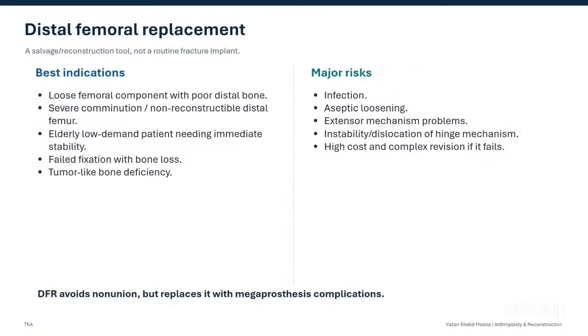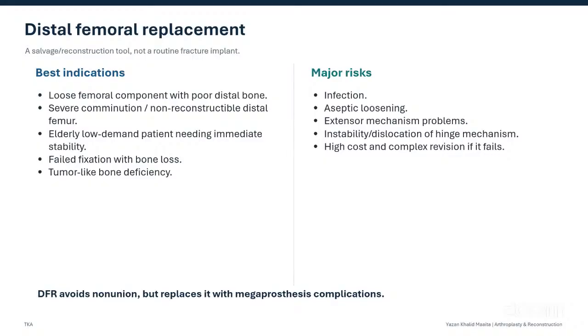Distal femur replacement is a salvage reconstruction tool, not a routine fracture implant. The best indications are a loose femoral component with poor distal bone, severe comminution, and a non-reconstructible distal femur; an elderly low-demand patient needing immediate stability; failed fixation with bone loss; or tumor-like bone deficiency.